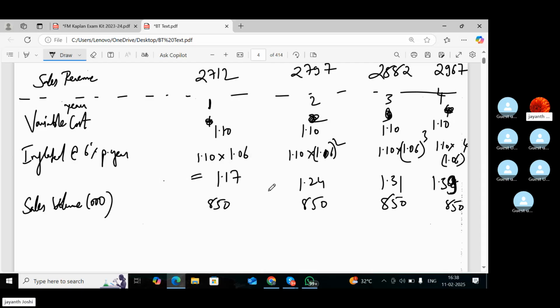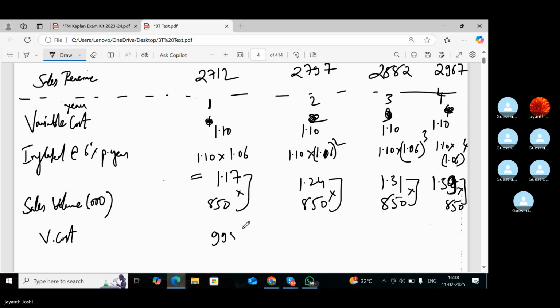You'll get variable cost as, just multiply and tell me what the values are going to be. So we will do this. 995 approximately. 1054. Here it should be 1114. 1182. You can cross check and cross verify the values.